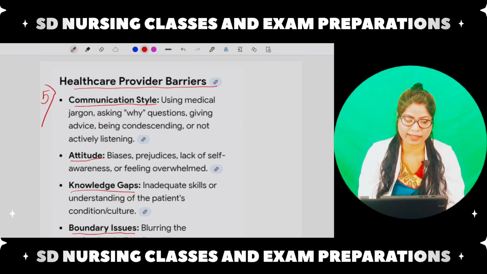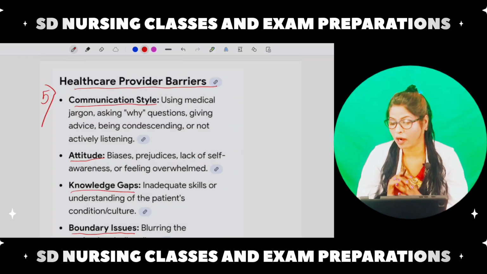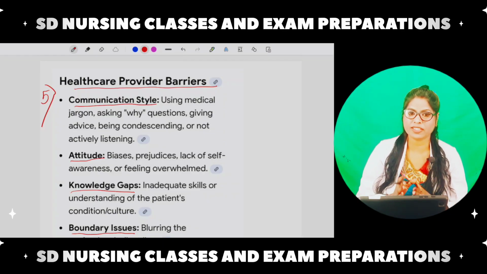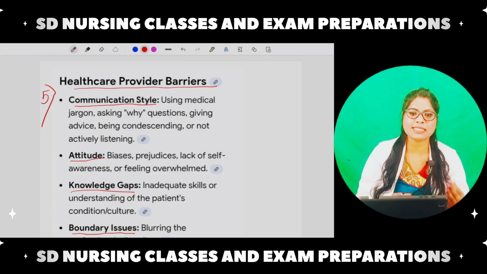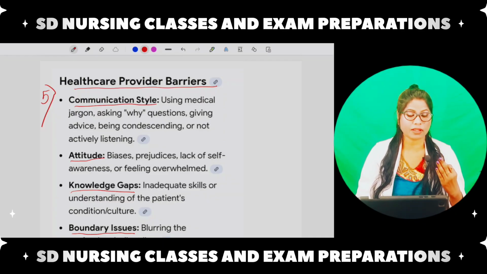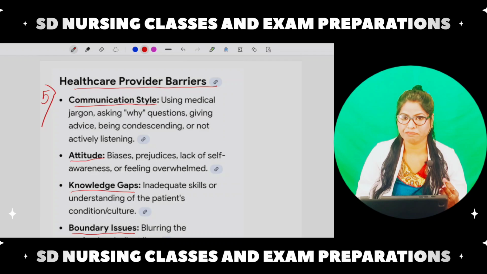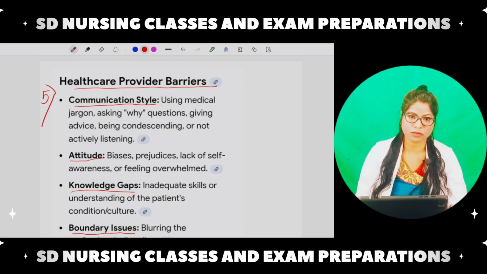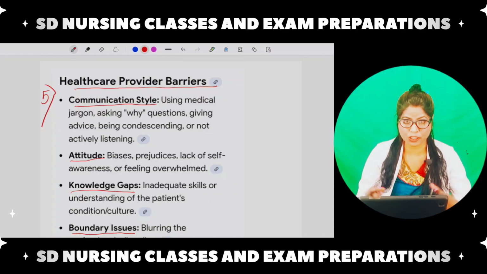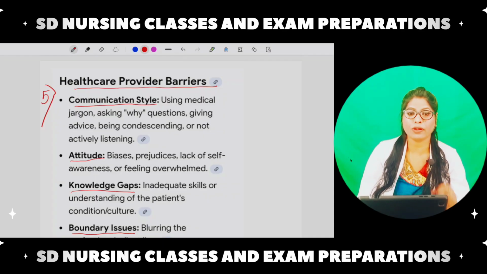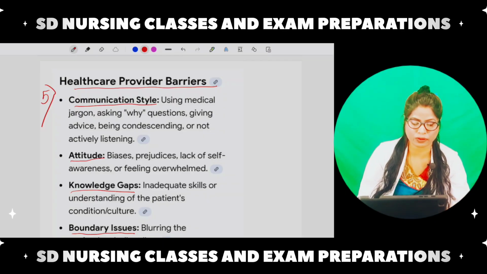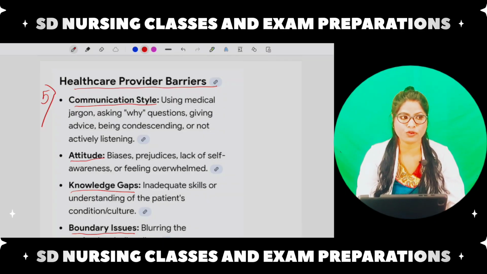So communication style means how we are talking to the patient. If your communication style is not effective, for example if you think the patient is illiterate, like deaf and dumb, and you show that type of patient your attitude, that you are not caring for them, that they are nothing to you, this should not be there.